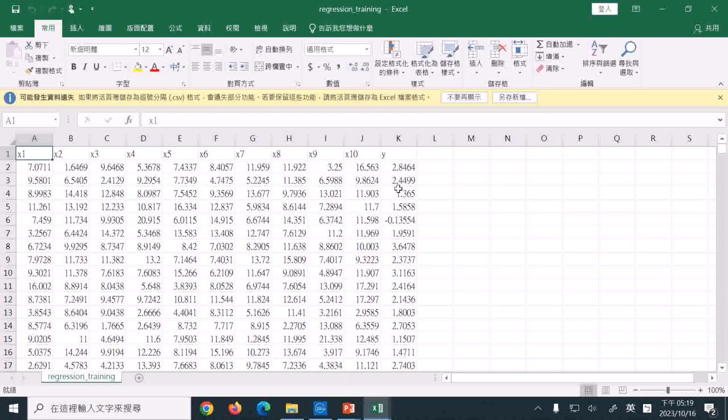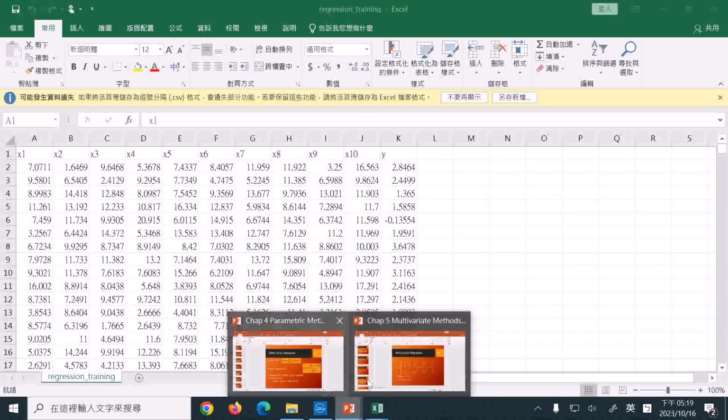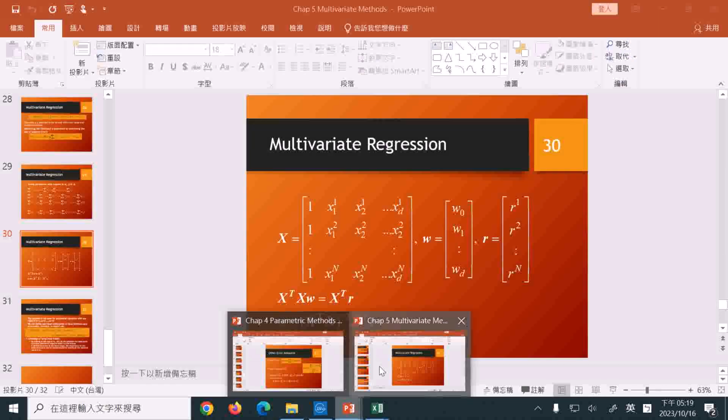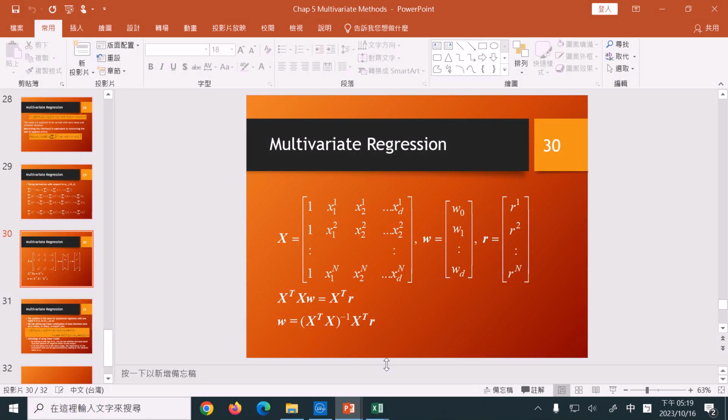So x1 over 1800, x2 over 1800, x3 over 1800. So this x is like this: x1 up to 1800, x2 up to 1800, xt up to 1800, that is called x.